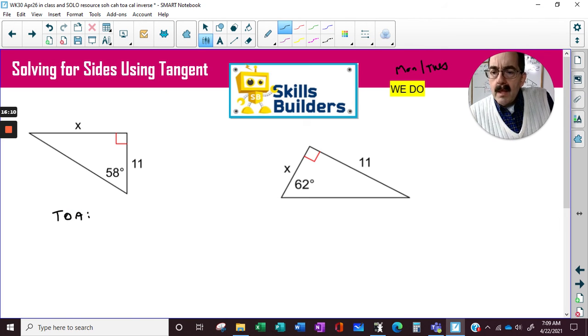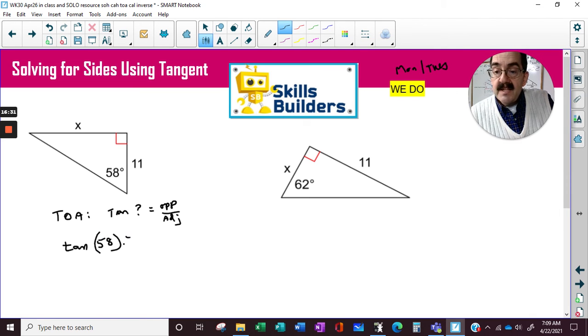Okay? That's the tangent of an angle, and it's equal to the OPP over the ADJ.